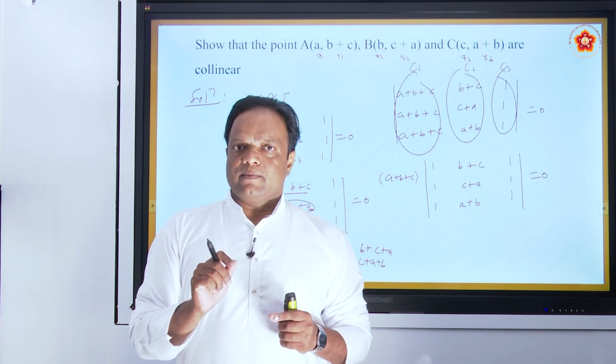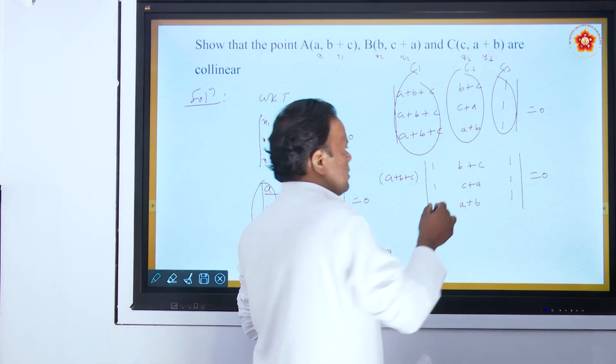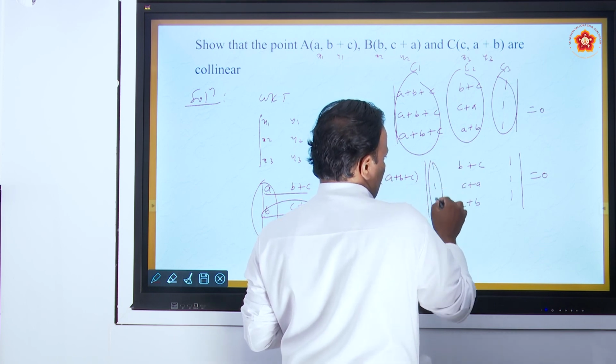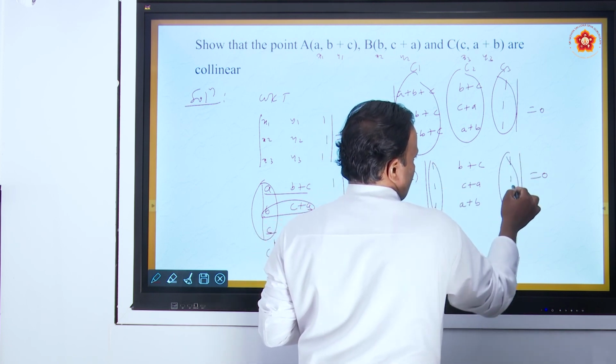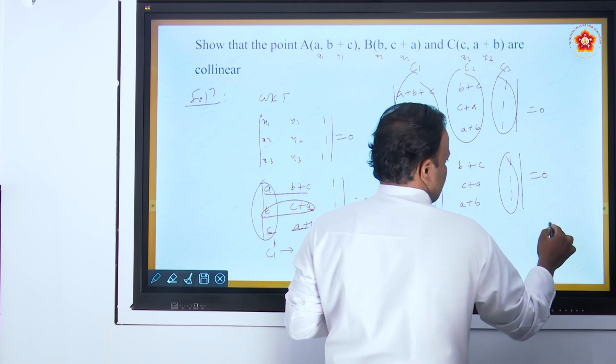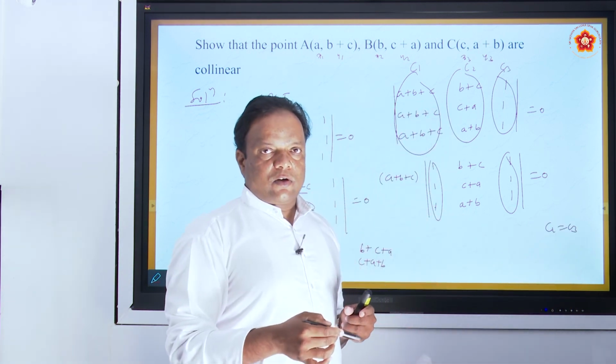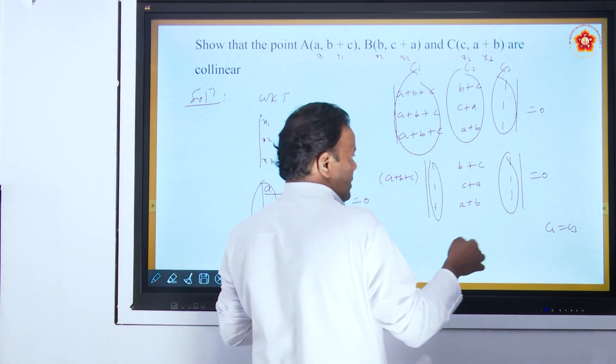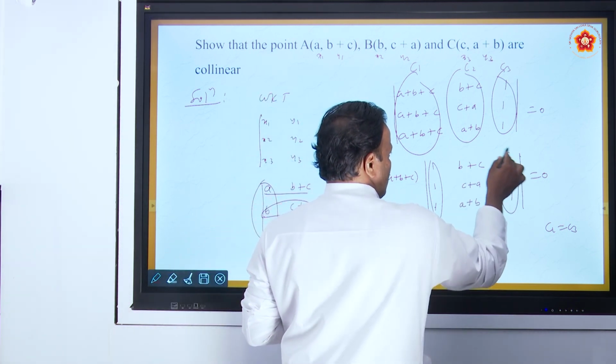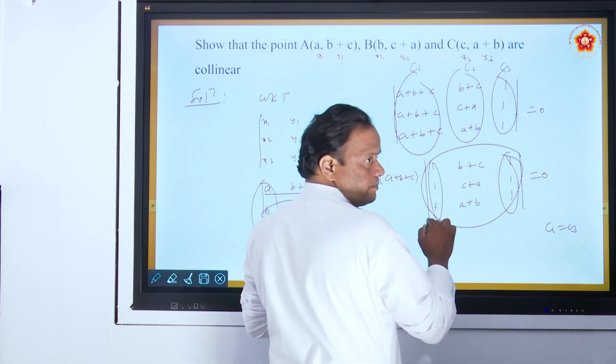This is a standard property of determinants. Observe here, C1 is 1, 1, 1 and C3 is 1, 1, 1. Clearly, C1 is equal to C3. Two columns are identical, so by the property, the whole determinant value is 0.